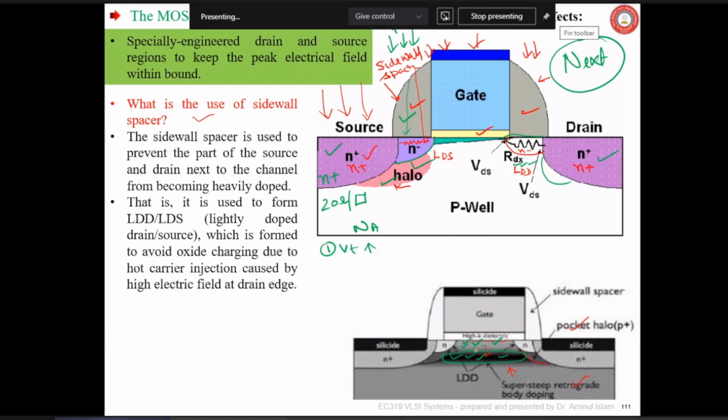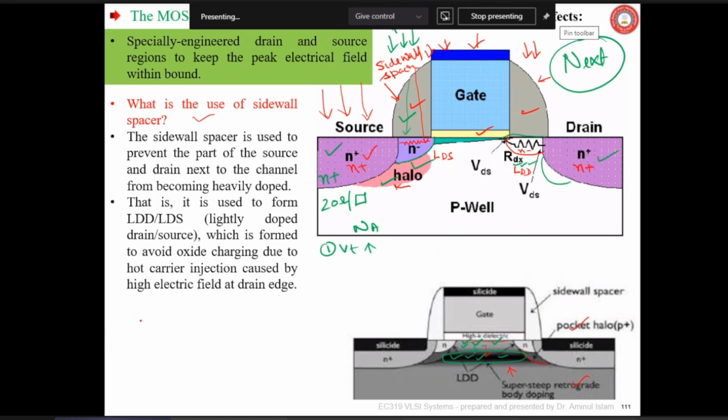Here at the bottom, you find that the dark portion is there. This is called retrograde doping. Okay? Doping at the channel region is less and it is increased here in this black portion, so that if you increase the doping at the channel, then threshold voltage will be high.